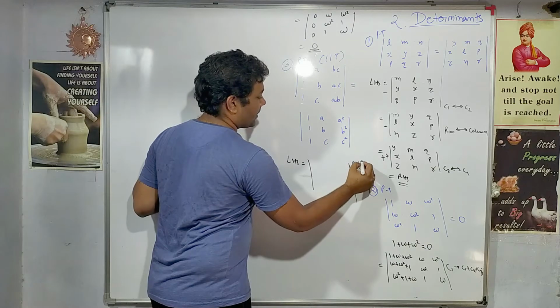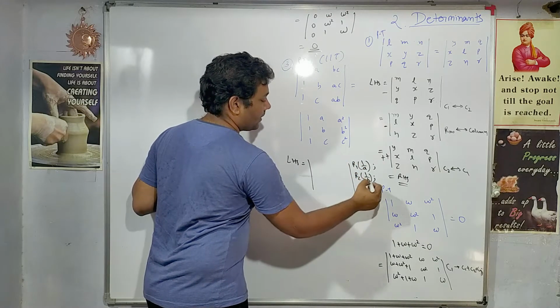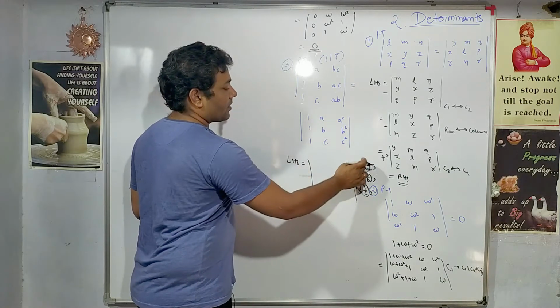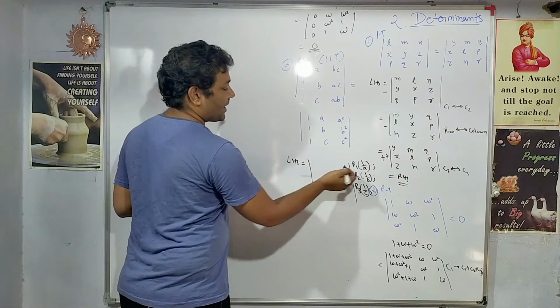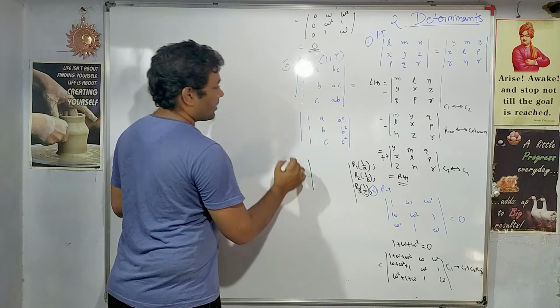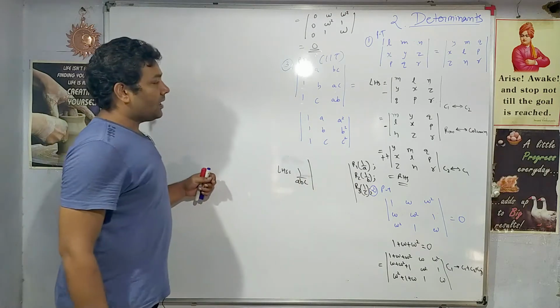So first row is multiplied with a, second row is multiplied with b, and third row I will multiply with c. This is nothing but a multiply and divide sort of format, right? I will multiply inside and division I will write down outside. So since I am multiplying inside, I'll have to divide by a, b, c outside.